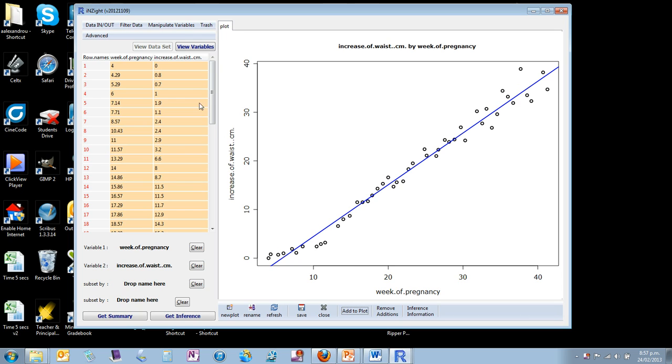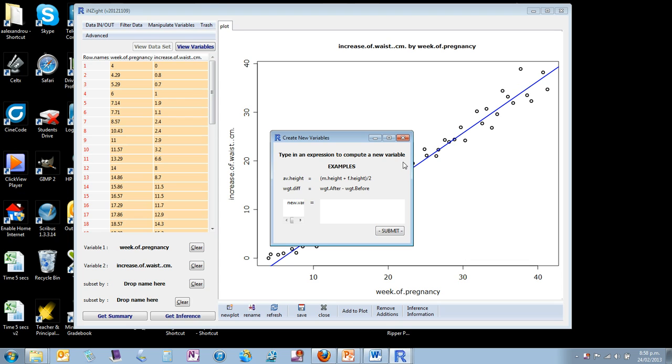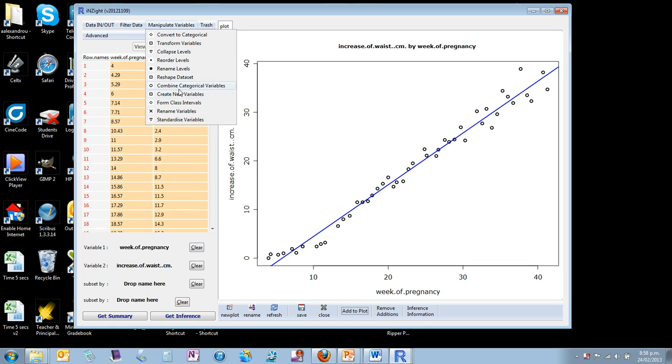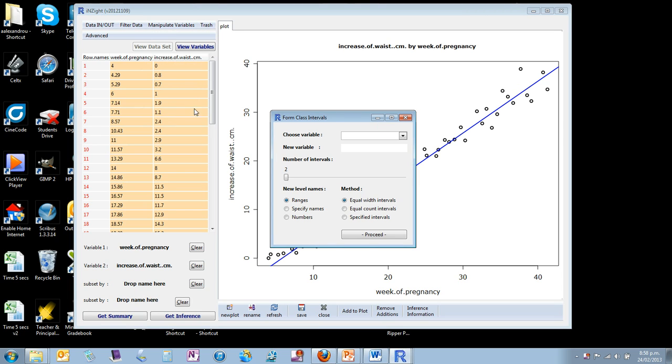So we're going to break it up here, and in manipulate variables we're going to create a new variable. No, we're not. We're going to form class intervals, and so within the variable weeks we're going to form two intervals.